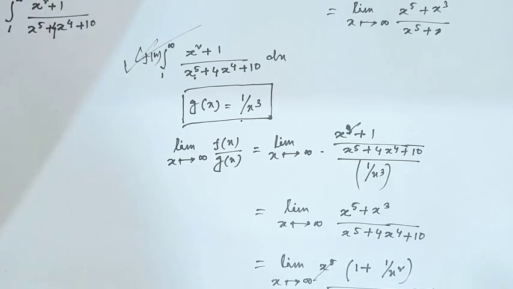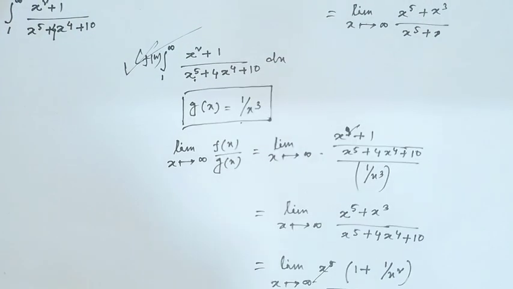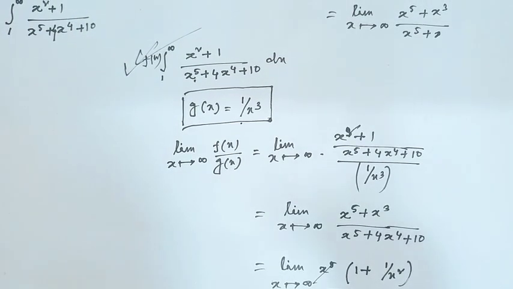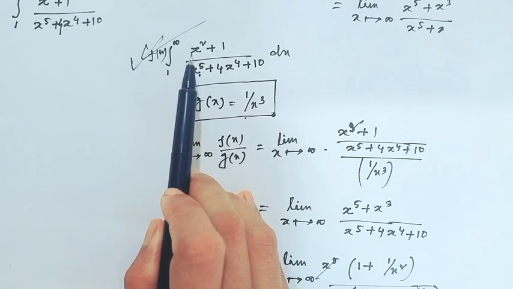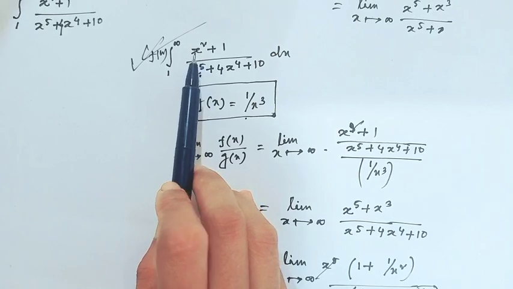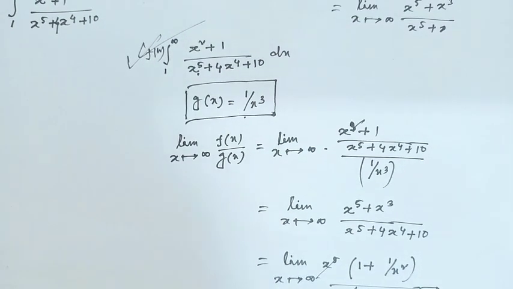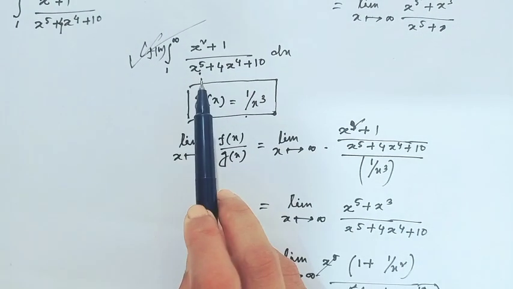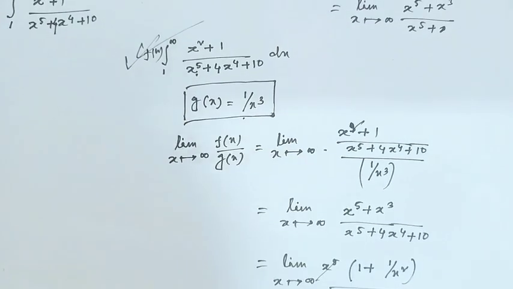Here I have considered g(x) equal to 1 over x cube because notice in the numerator the highest power of x is 2 and in the denominator the highest power of x is 5.